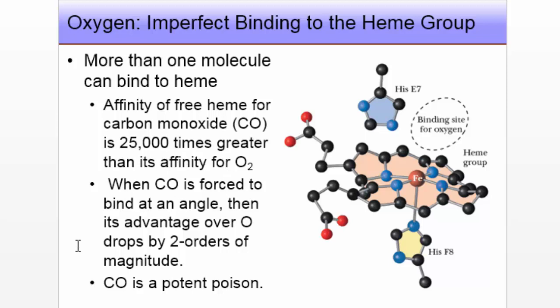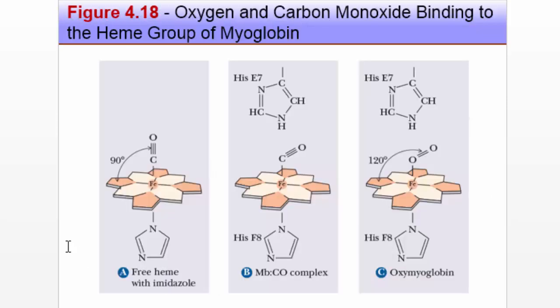When CO is forced to bind at an angle, then its advantage over oxygen drops by 2 orders of magnitude. CO is a potent poison. Here you see histidine E7 forces oxygen to bind at an angle, not perpendicular, so that it will be released later.